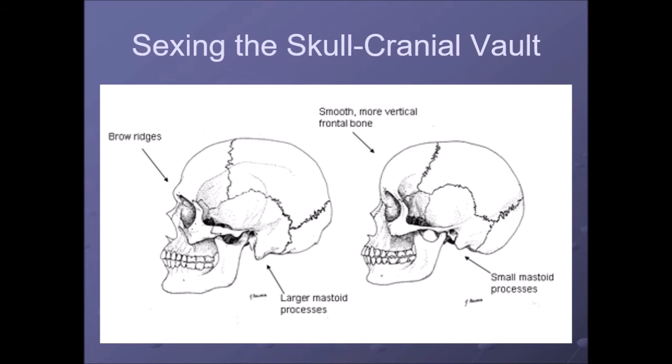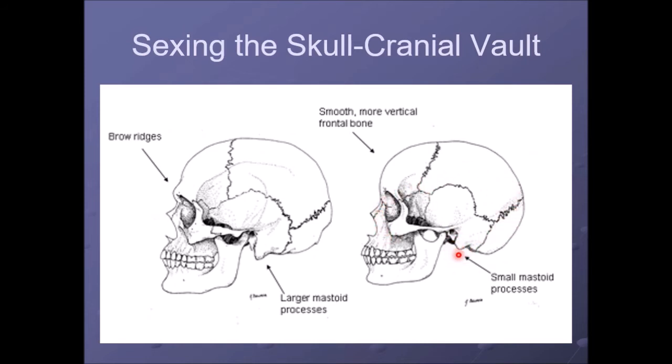Also, you see how the male skull tends to slope backwards, the forehead, from the brow ridge to the middle of the skull, whereas the female tends to be a much more vertical forehead. Nearly no brow ridge. Usually there's a little bit going on here, but not much. Not compared to this bump out that we see in the males. And we see that there's a lot of smoothness going on in females.